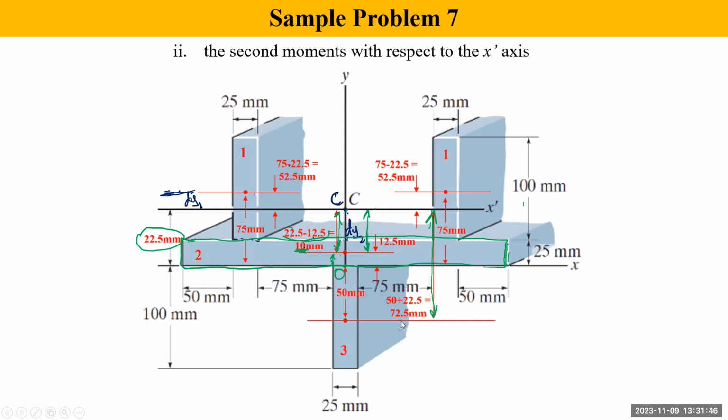So based on that, we now have all the dy's. The dy3 for this one is 72.5. That's your dy3, and your dy2 is here, your dy1 is there.